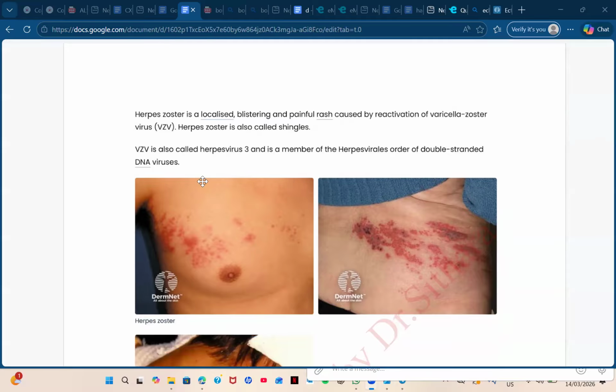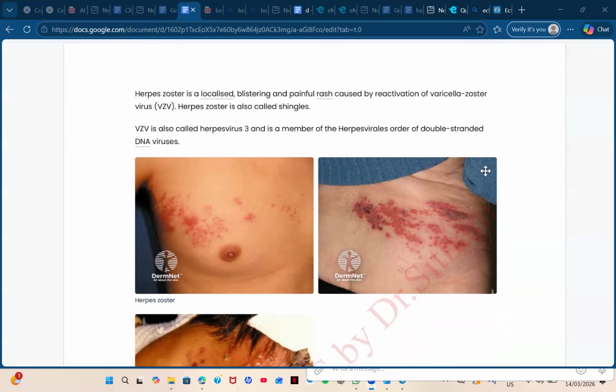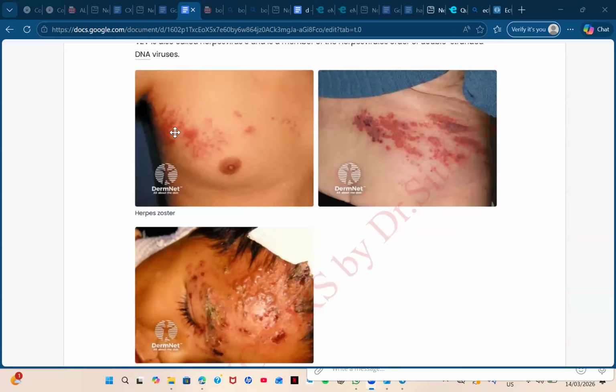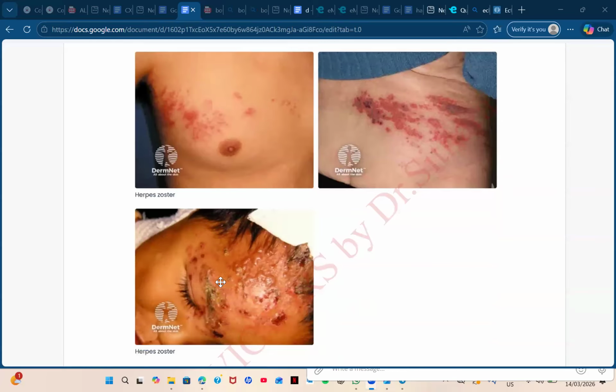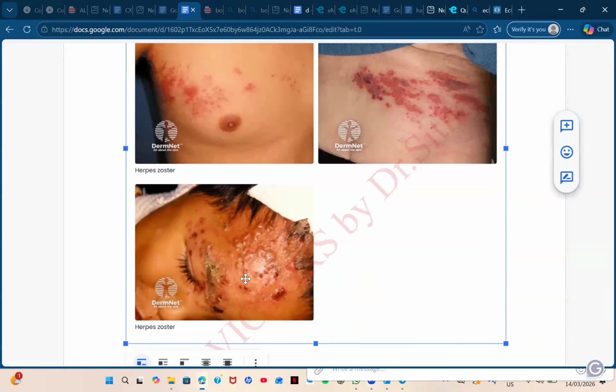Varicella zoster is also called herpes virus 3 and is a member of the herpesviridae family of double-stranded DNA viruses. So here you can see this kind of rash. What do we call it, doctors? Tell me.